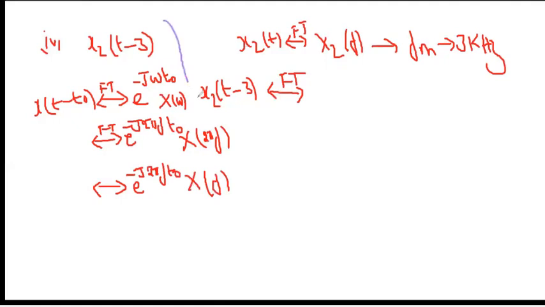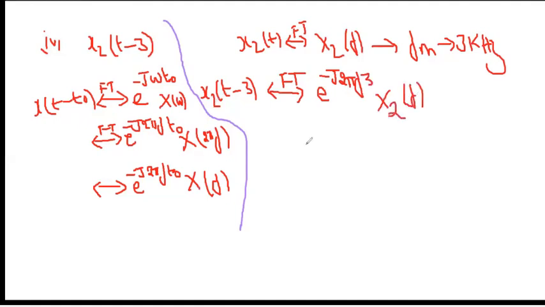Now you can see instead of t naught, here the 3 is there. For the shifting operation you can apply e power minus j 2 pi f, and t naught is here 3, x of f, which is nothing but x2 of f here. x2 of f, because we are taking 2, so x2 of f, the Fourier transformation.